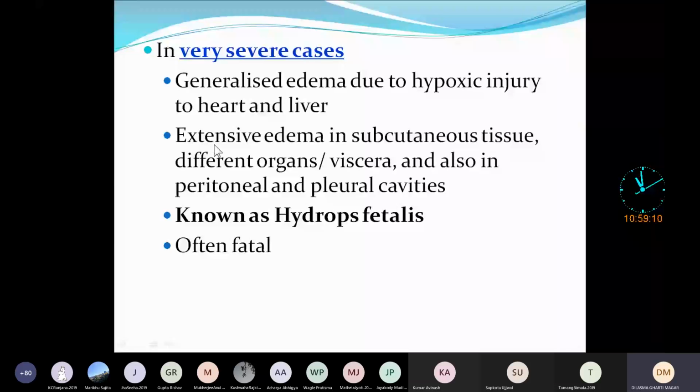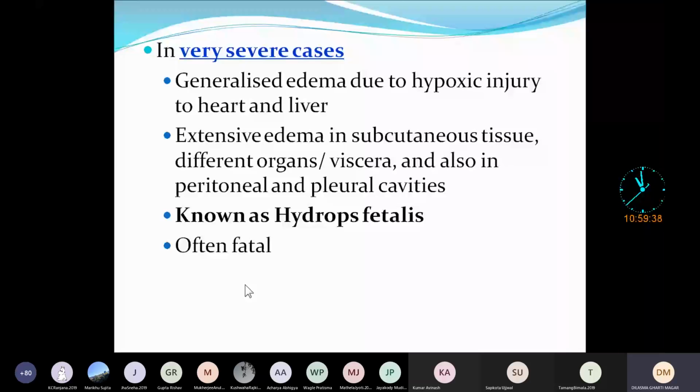There is also extensive edema in the subcutaneous tissue. Extensive edema means there is accumulation of fluid in the subcutaneous tissue, different organs, viscera, and also in the peritoneal and pleural spaces. You know how the osmotic effect occurs: whenever there are RBCs and plasma in the blood, they retain the fluid.